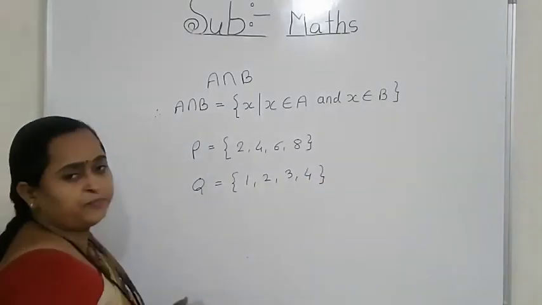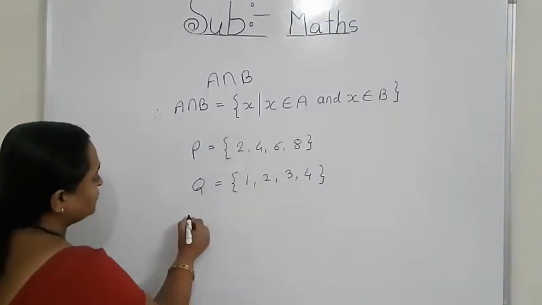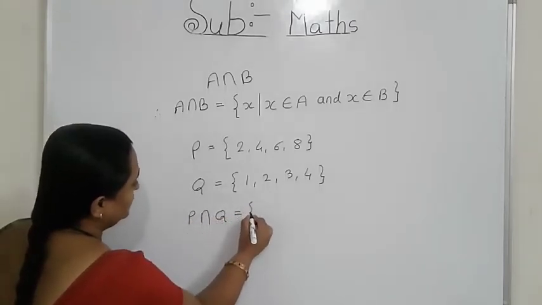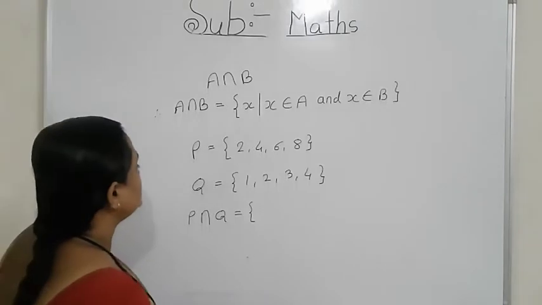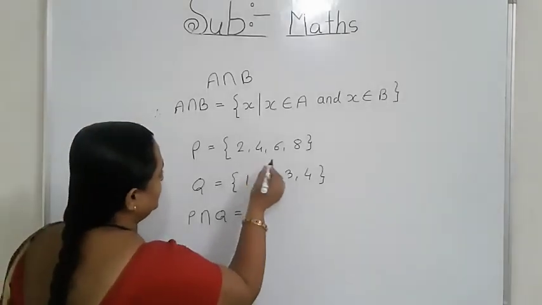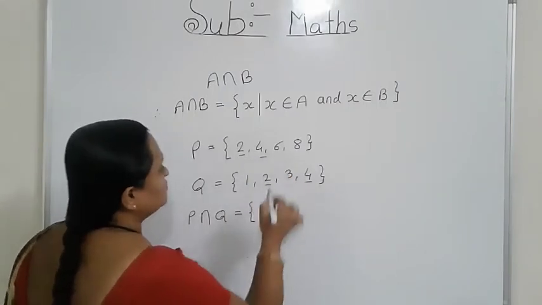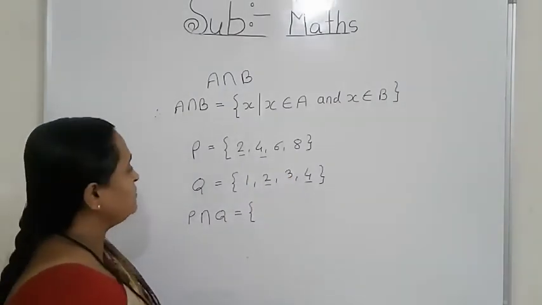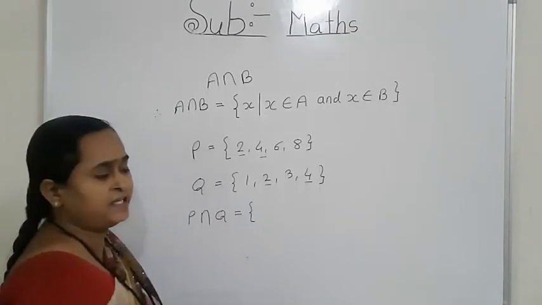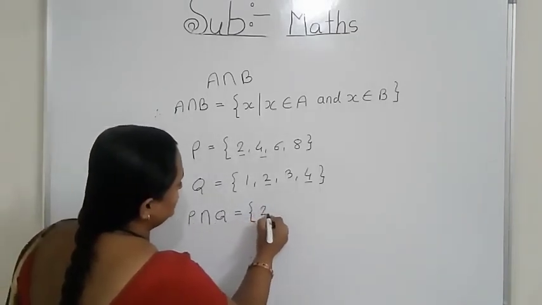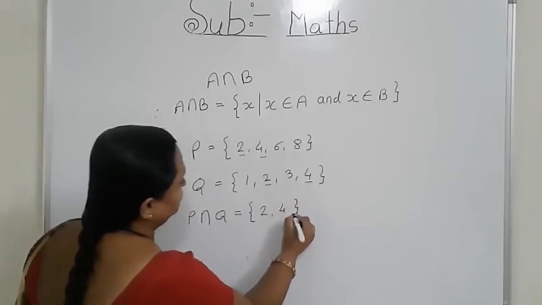Now we have to find P intersection Q. P intersection Q is the set of. Now see there all common elements we have to take. First we will underline 2, 2, 4, 4. Means 2 and 4 are common elements in set P and set Q. Therefore P intersection Q is the set of 2 and 4.